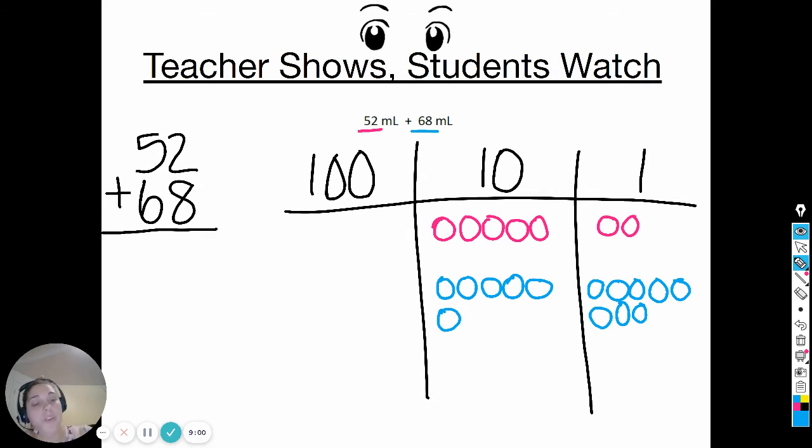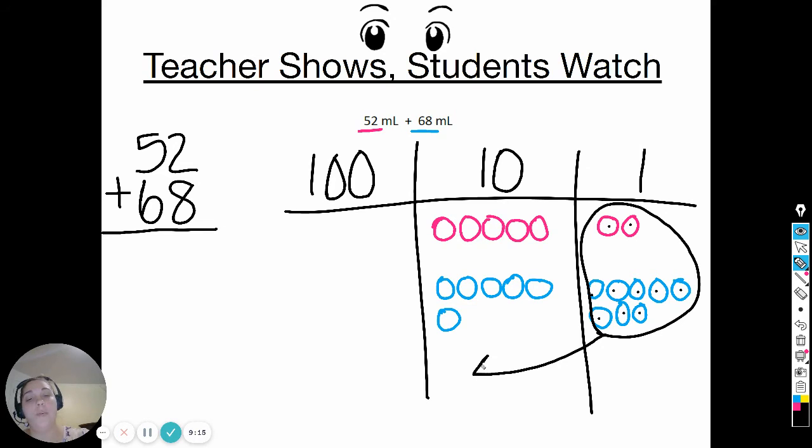I'm going to start over in the ones. I'm going to start counting. 1, 2, 3, 4, 5, 6, 7, 8, 9, 10. Once I get to 10, I can take those 10 ones and trade them over here for 1 ten. These are gone now, okay? And there's 0 left over here, okay?